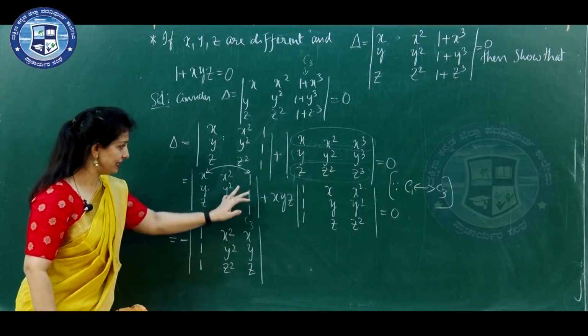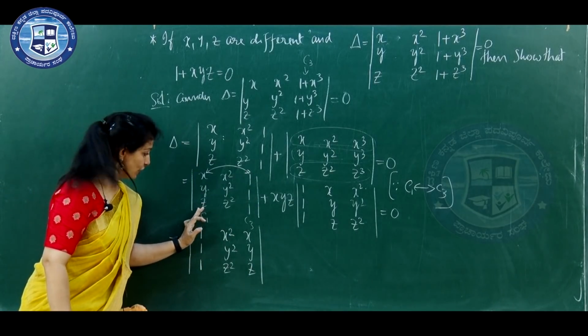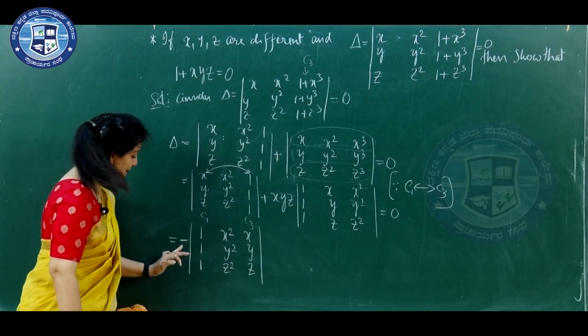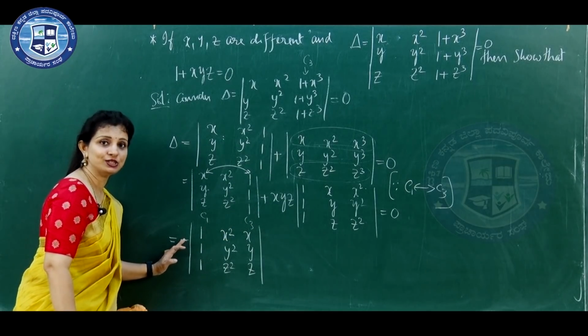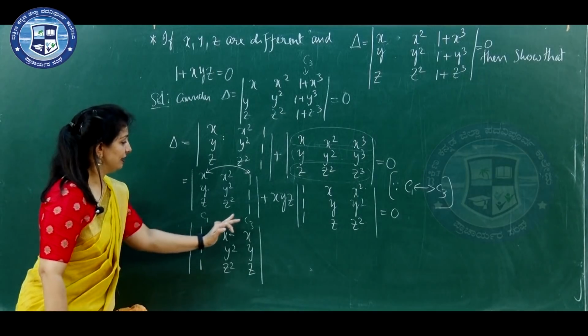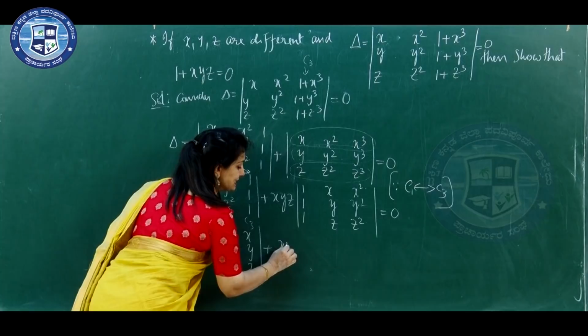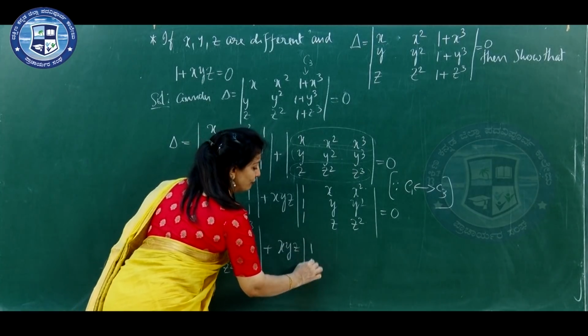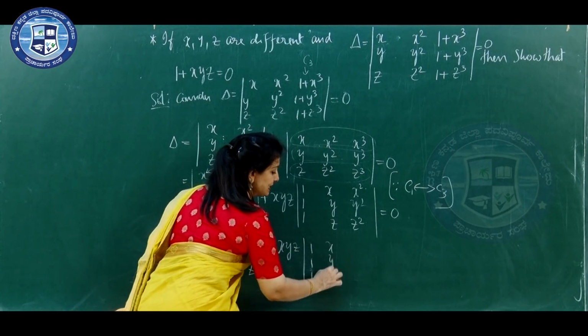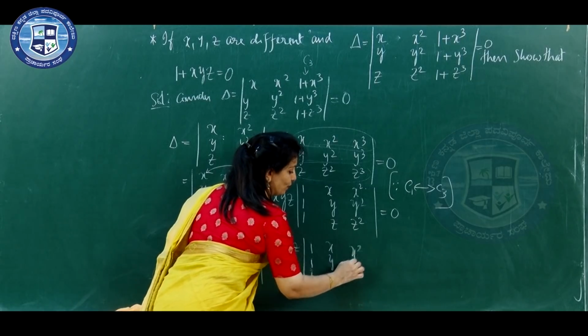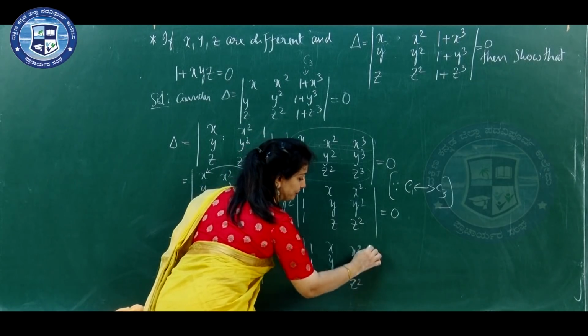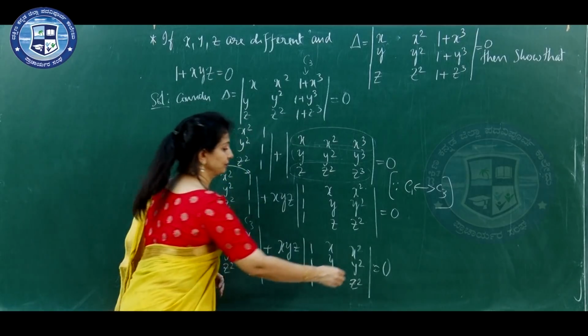Since we have interchanged the first column and third column elements, the determinant changes to minus, minus of, plus second determinant we write as it is, x, y, z into 1, 1, 1, x, y, z, x square, y square, z square equal to 0.